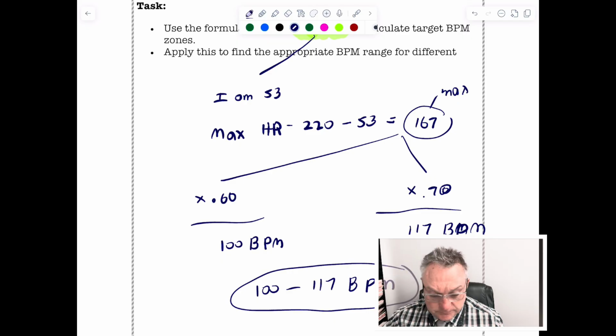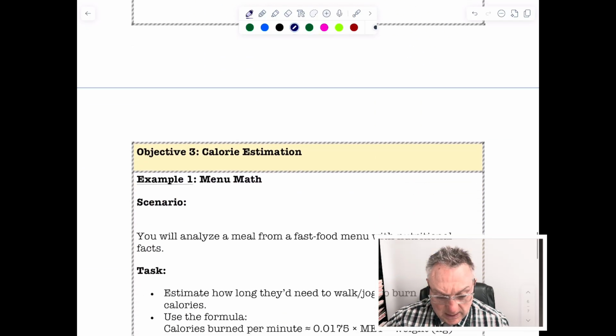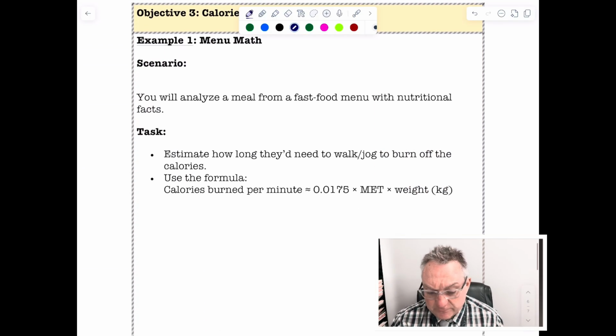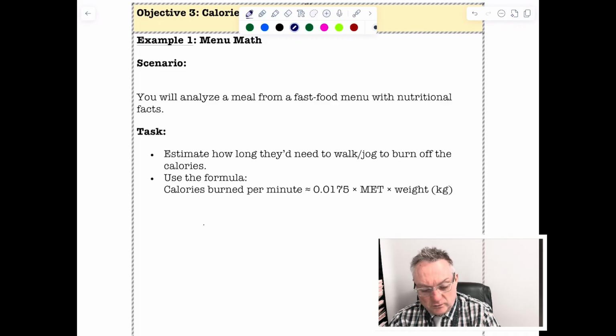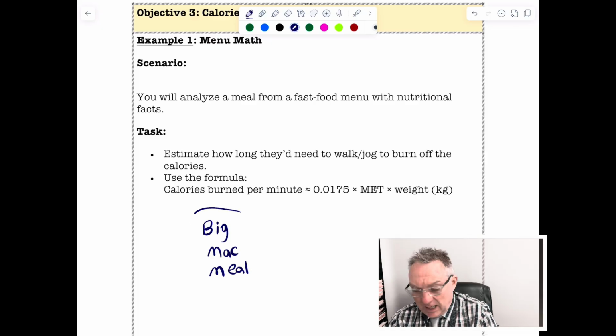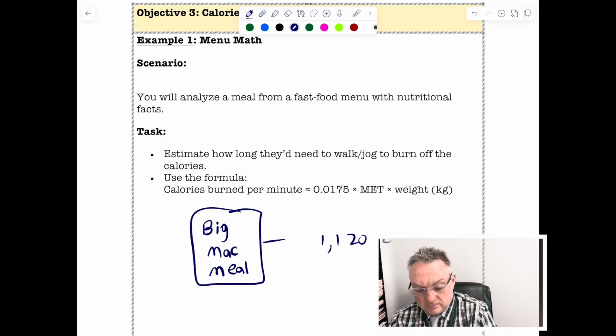Lastly, I'm going to analyze a meal from fast food and look at how long it takes to walk versus jog to burn that meal. So the meal I picked, one of the more famous fast food meals, was a Big Mac meal. And I just Googled what that calorie was, and it's about 1,120 calories.